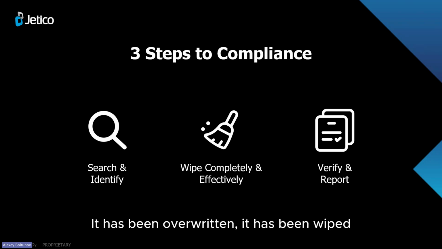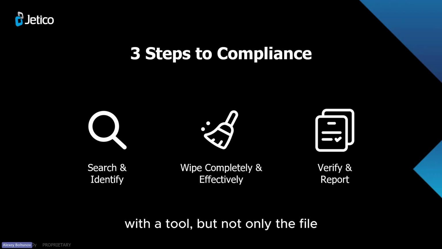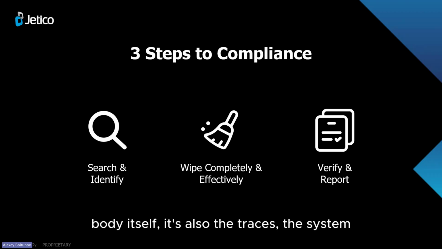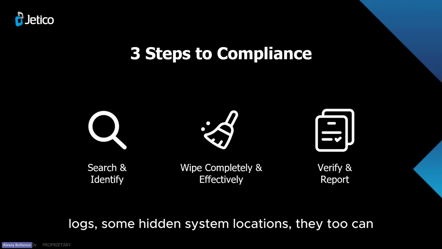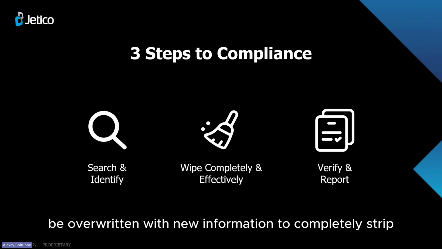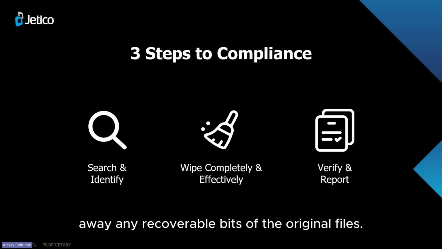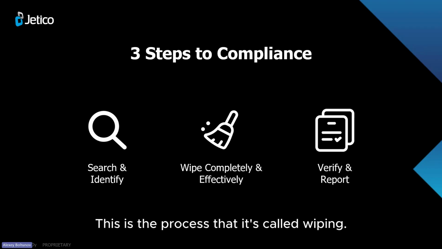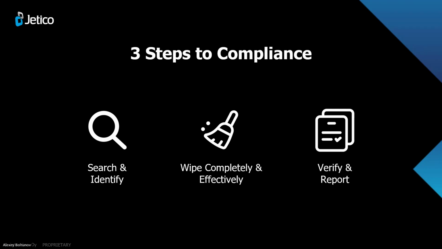It has been overwritten, it has been wiped with the tool, but not only the file body itself, it's also the traces, the system logs, some hidden system locations. They too can be overwritten with new information to completely strip away any recoverable bits of the original files. This is the process that is called wiping.